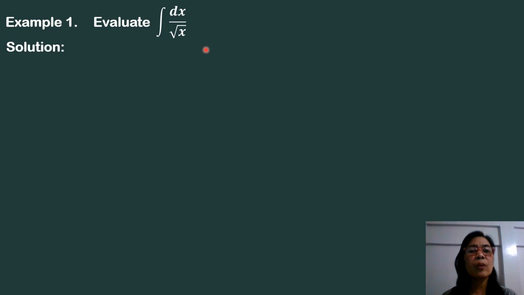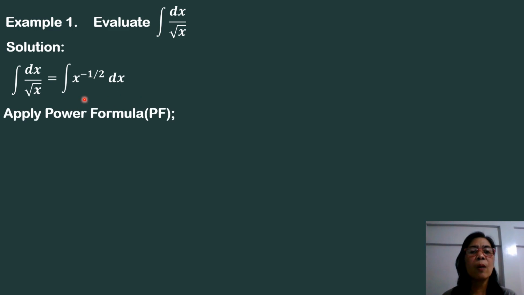So what we're going to do is rewrite this function into an integrable form. So we can write the square root of x in the denominator as x raised to 1/2. We now have in here the integral of x raised to negative 1/2 times dx. And notice that we can now compare this one to the power formula of integration.